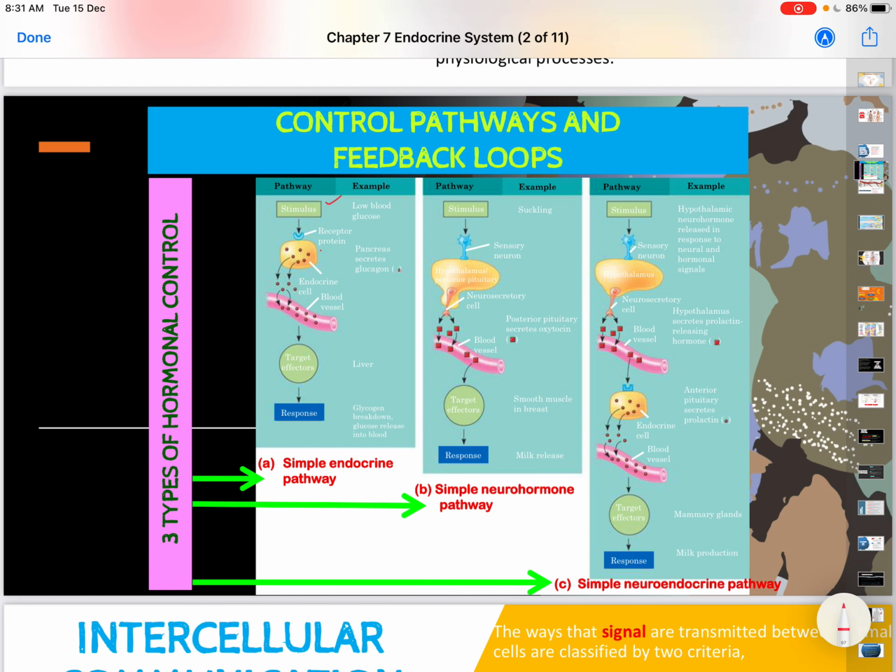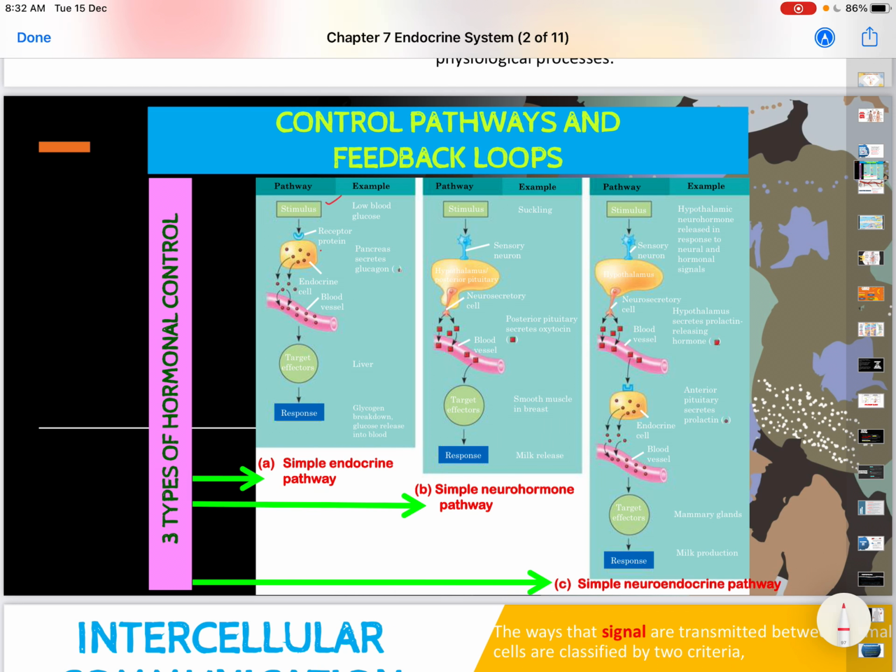This glucagon hormone will be transferred into the bloodstream until it reaches the liver, which is its target effector. What will the liver do? The liver will cause glycogen breakdown and the glucose will be released into the blood. So this is a simple endocrine pathway.